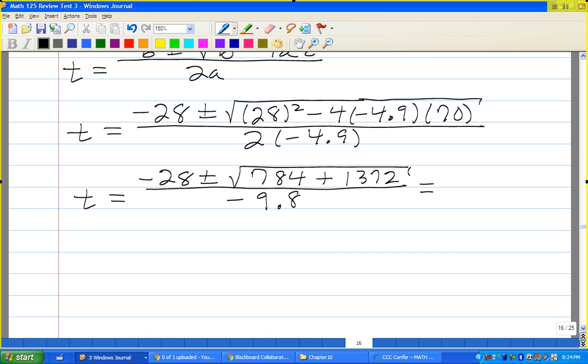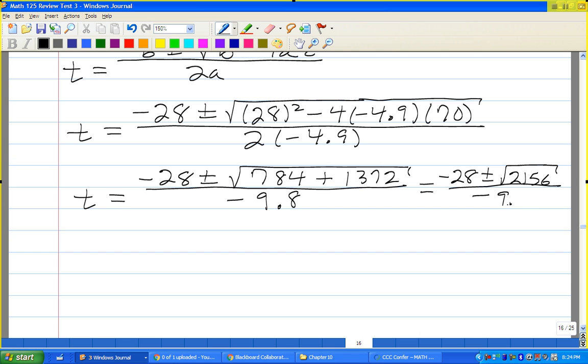And so, let me add this up. We have a negative 28 plus or minus the square root of 784 plus 1,372, 2,156, over a negative 9.8.